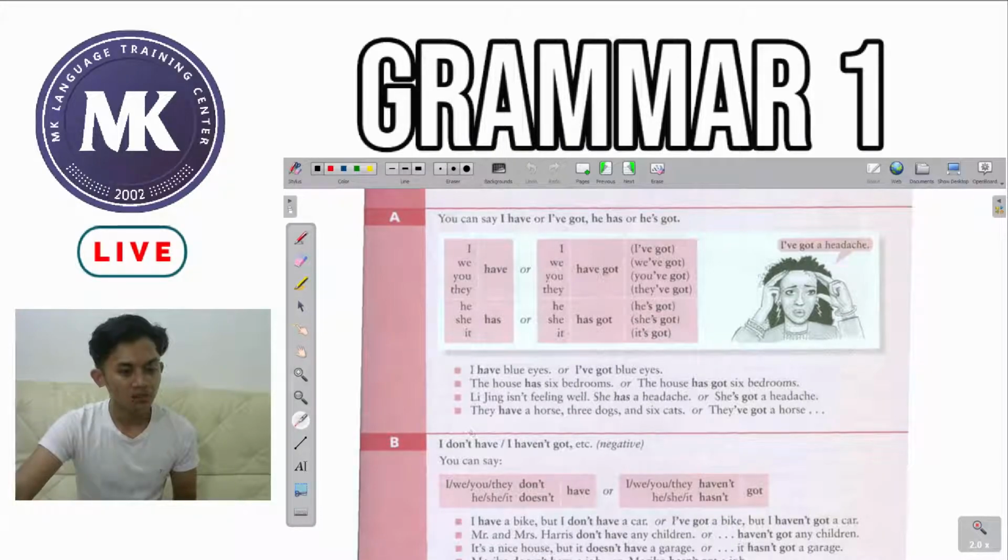Okay, so the next sentence. They have a horse, 3 dogs, and 3 cats. They've got a horse, 3 dogs, and 3 cats. Okay, so again, we must remember that for specific pronouns, there is a specific be verb that has to be used.